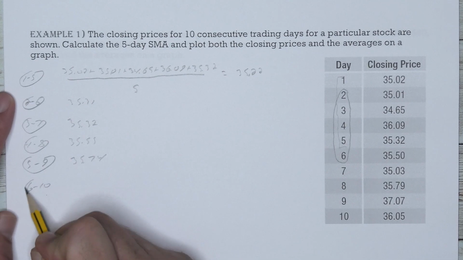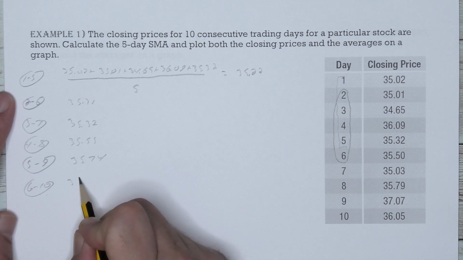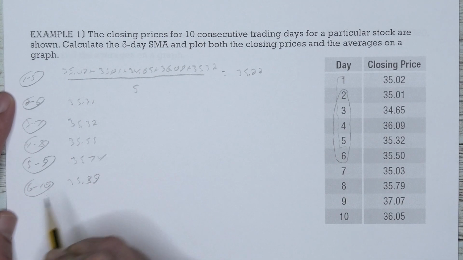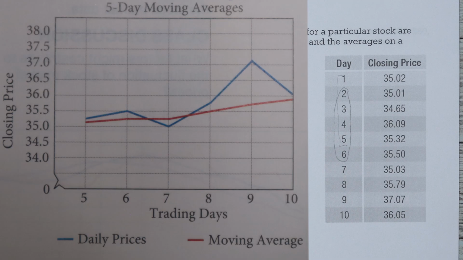And 6 through 10 will give us 35.89. The 6 consecutive 5-day SMAs are 35.22, 35.31, 35.32, 35.55, 35.74, and 35.89. The graph of the closing prices and the simple moving averages for days 5 through 10 are shown. Notice how the moving averages smooth out the graph.